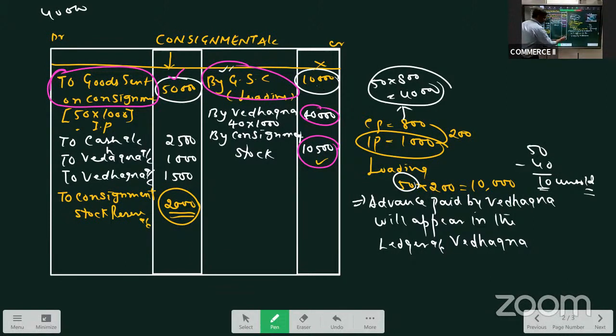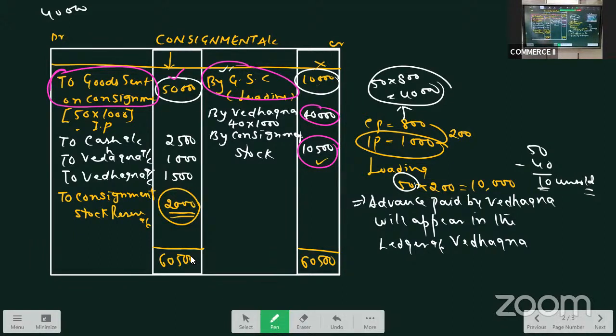Now let us balance this. 10, 50, 60,500. Credit side total is 60,500.